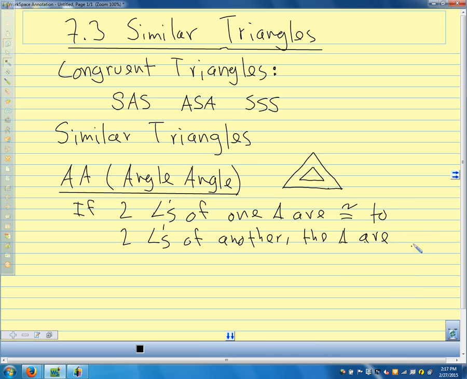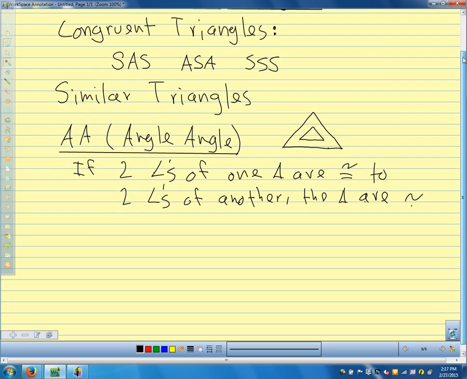Because these 2 triangles look like they're the same shape, right? Well, the angles are the same. One's just stretched more than the other. So there's our theorem. Pretty easy, right?